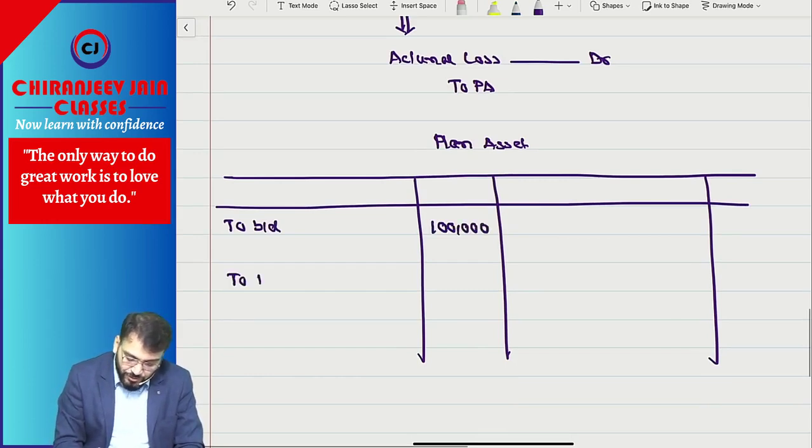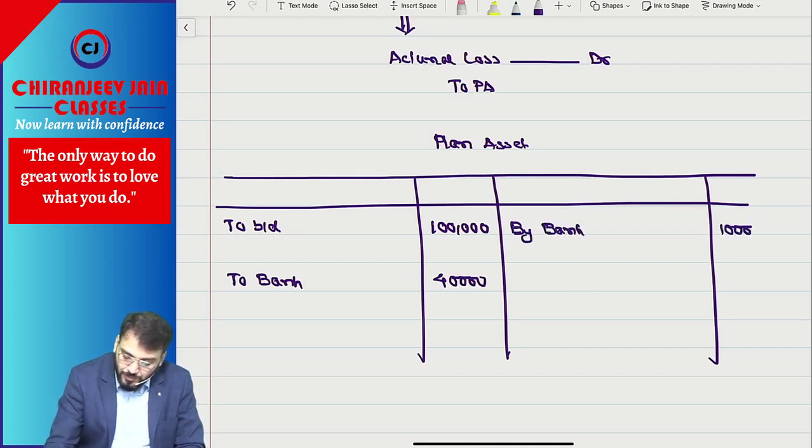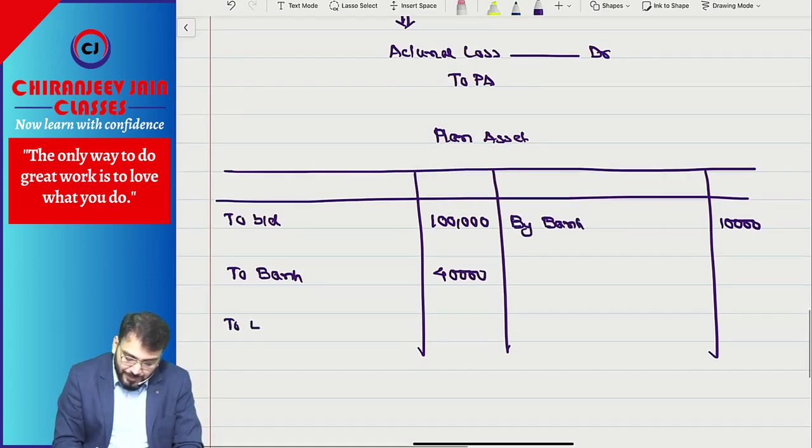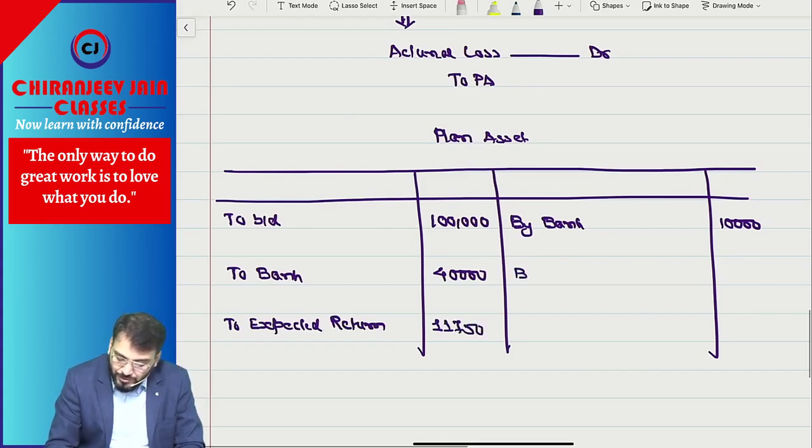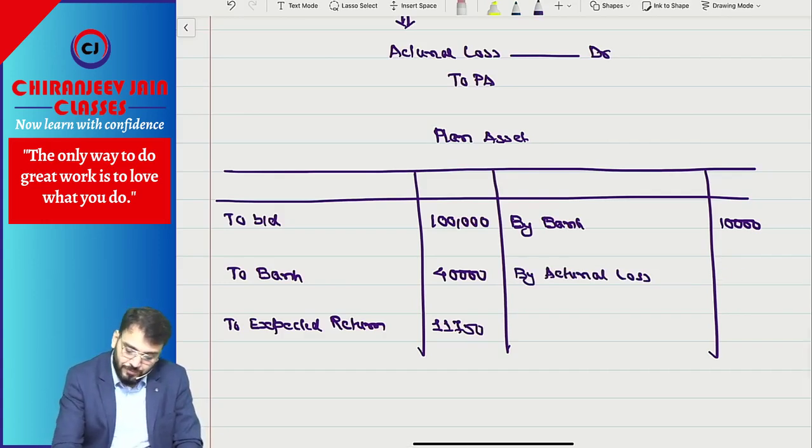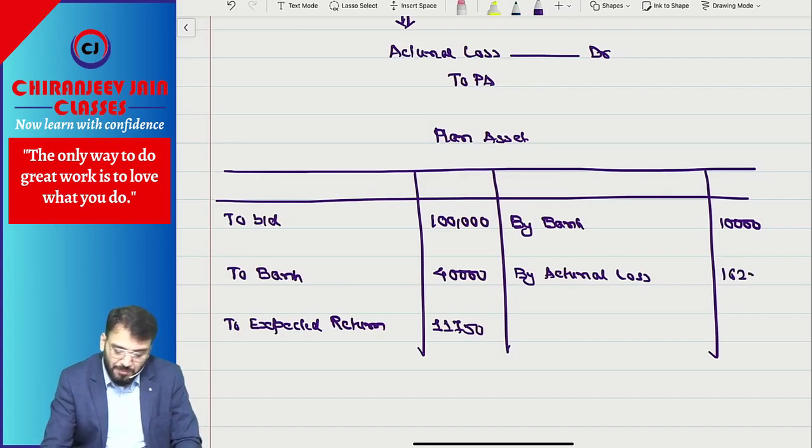Then to bank how much? Then by bank, this benefit paid. Then to expected return 11,750, and by actuarial loss 16,750. What is the balance figure? 750.